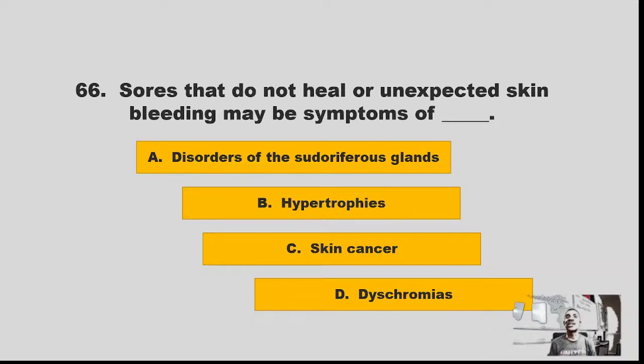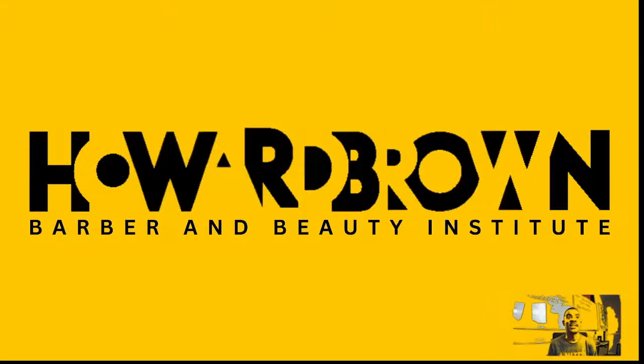All right, sores that do not heal or unexpected skin bleeding may be symptoms of, is it A, B, C, or D? All right, let me know what you say, what you think. Let me know in the chat. All right, and if you chose C, skin cancer, then you are correct.